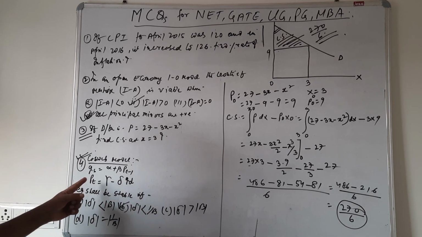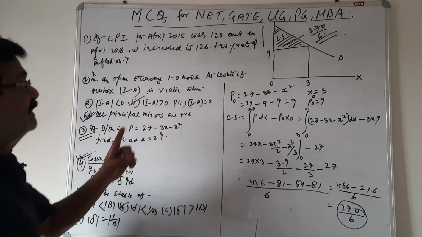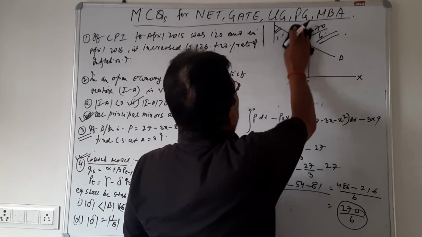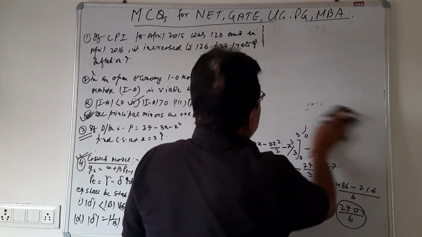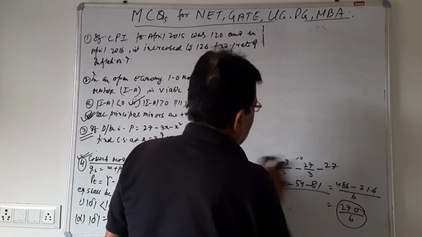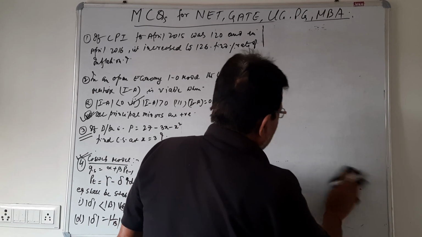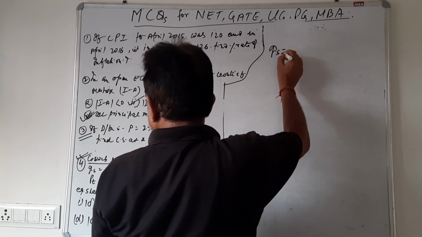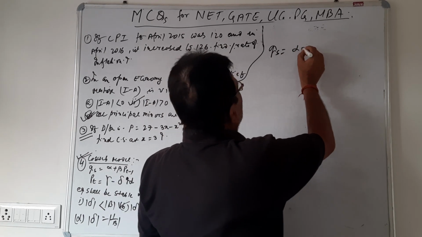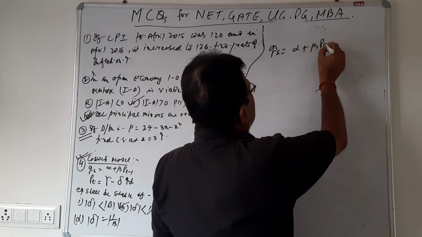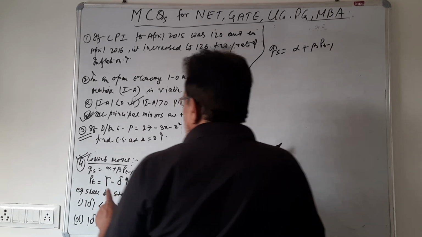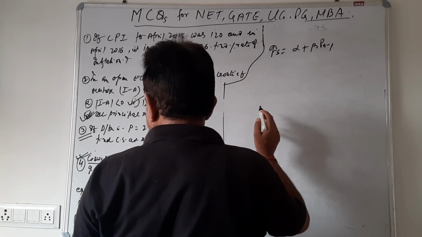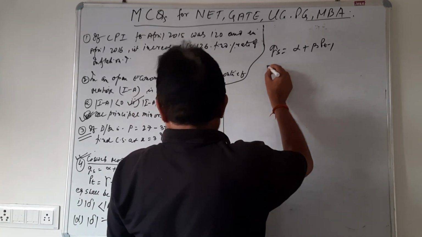So to have the knowledge, this has to be restructured a little bit. The supply function is given as QS is alpha plus beta PT minus 1, and this demand function has to be rearranged.